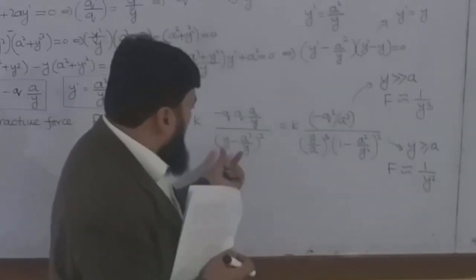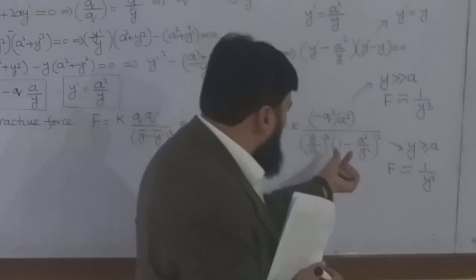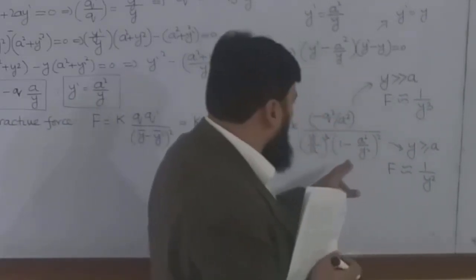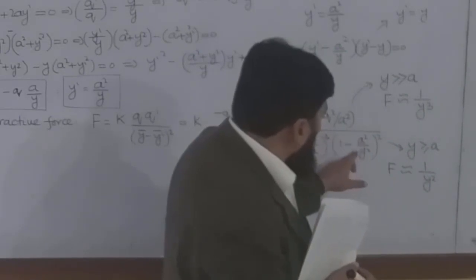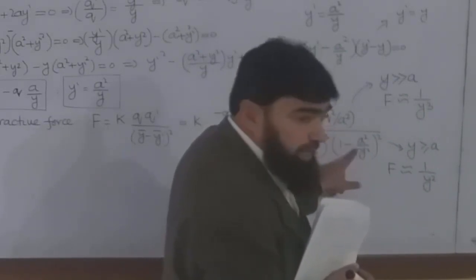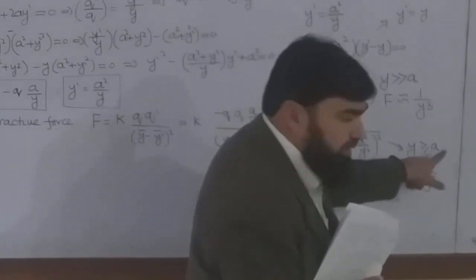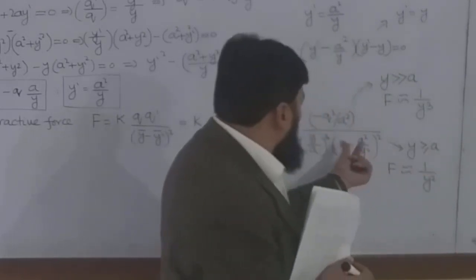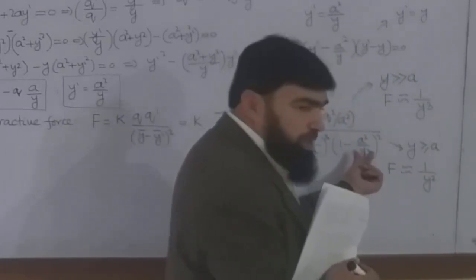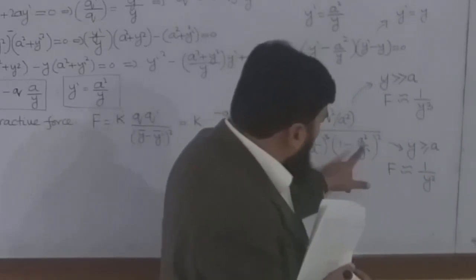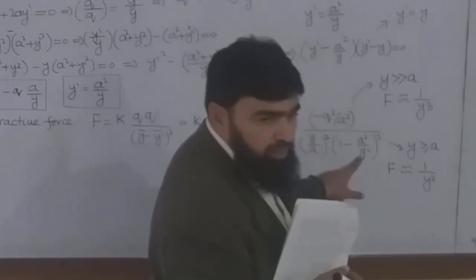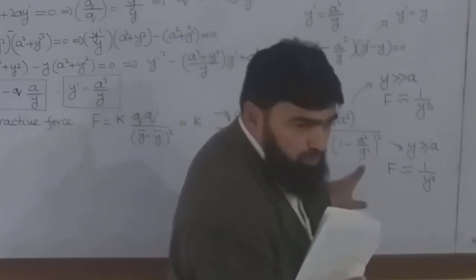Now if you put even the limiting condition here as well, no problem with this one. Now your y is approximately equal to a or slightly greater than this one. So it will be what value? When a will be exactly equal to y, then it will be 0, right?